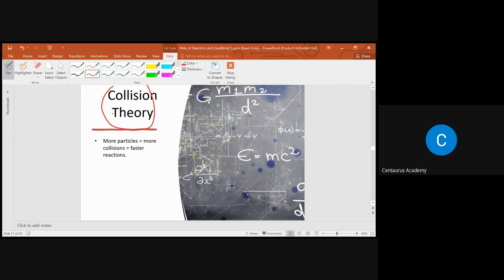So you have to describe how the rate of reaction is being influenced in terms of the particle collision theory. You are going to say that a greater number of particles will have more frequent collisions. As a result, the rate of reaction tends to increase.